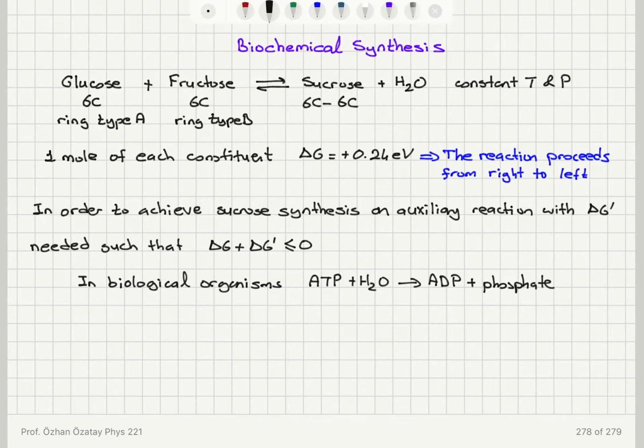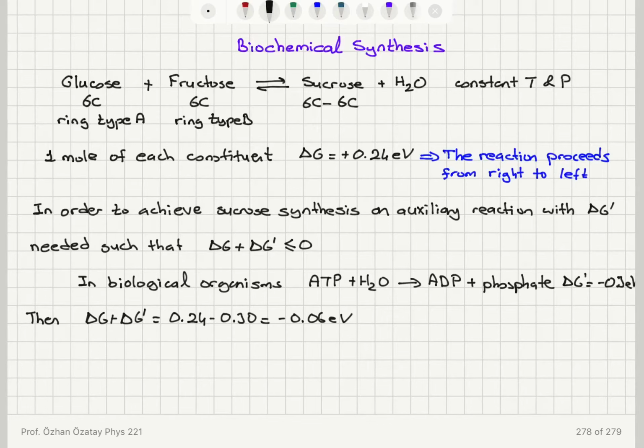And the change in the Gibbs free energy for this reaction is minus 0.3 electron volts. And if these two reactions occur at the same time, delta G plus delta G prime will be plus 0.24 minus 0.30, which is minus 0.06 electron volts per mole of the constituents.